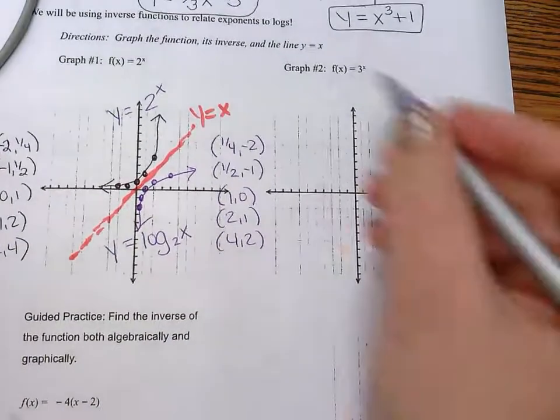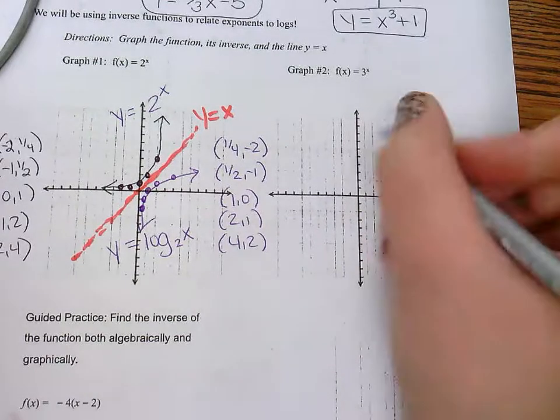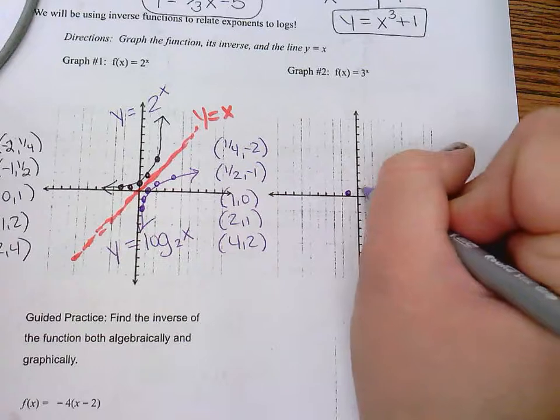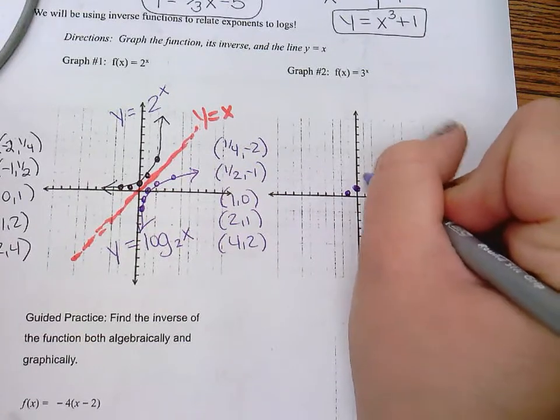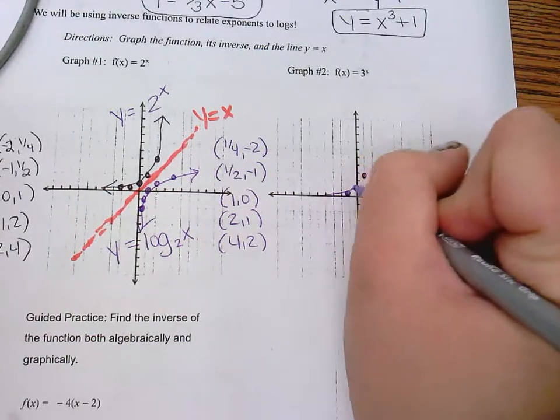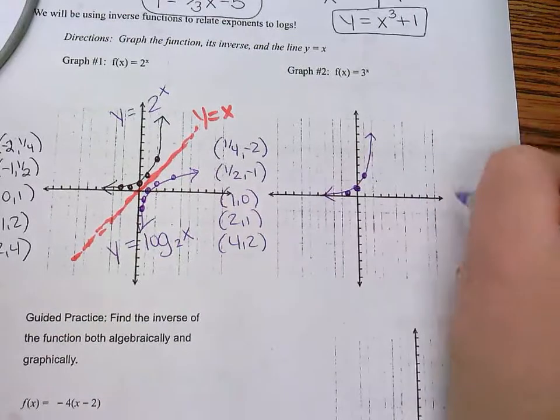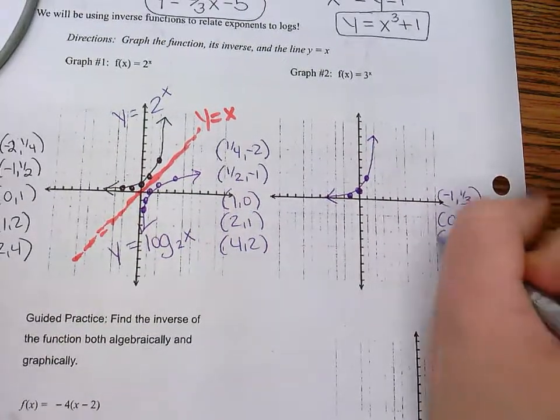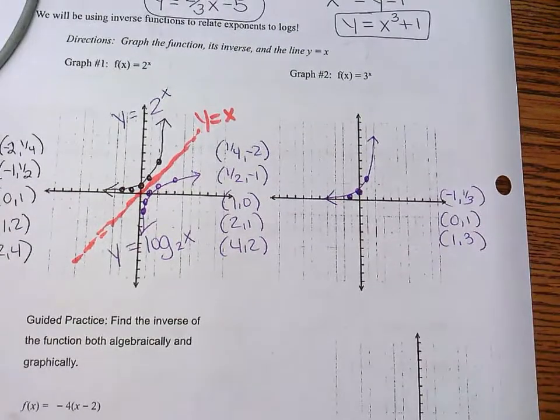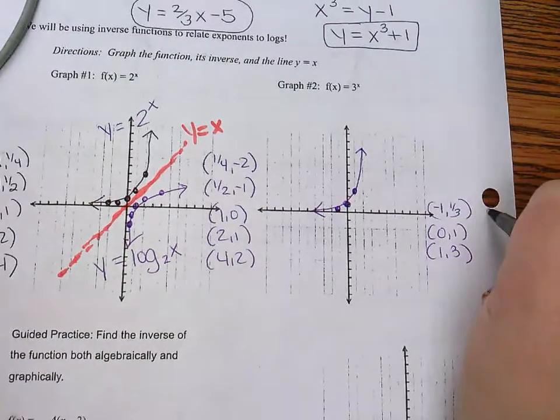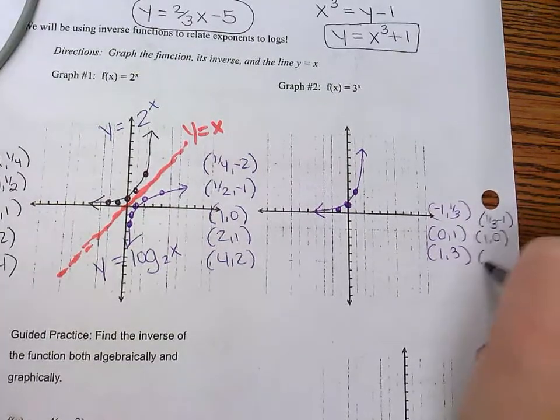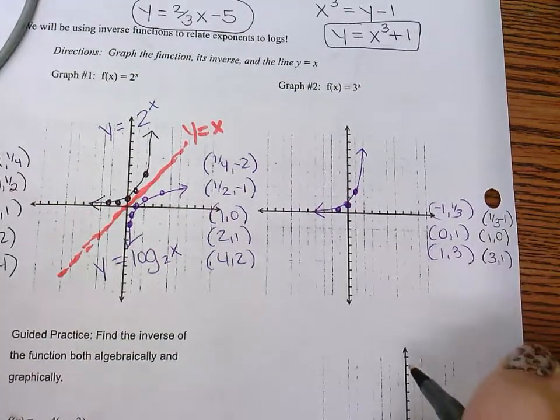So the same thing with the 3 to the x graph. Let's just graph 3 points. We know that -1 would be at a third, 0, 1, and 1, 3. So if I flip-flop those, I would be at 1/3, -1, 1, 0, and 3, 1.